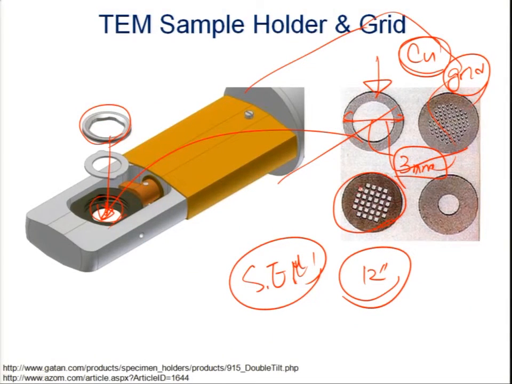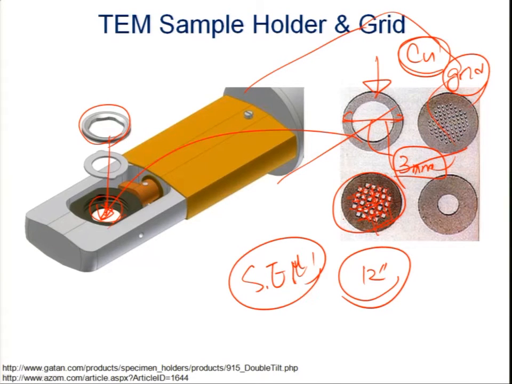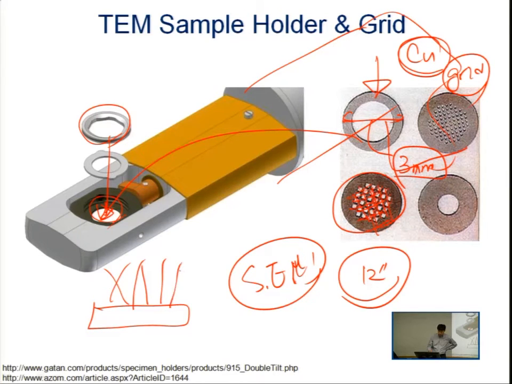It has a mesh structure with very thin carbon films coated on the grid. Using VLS technology, we grow a nanowire on a substrate.